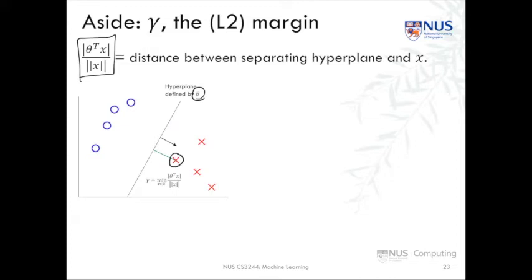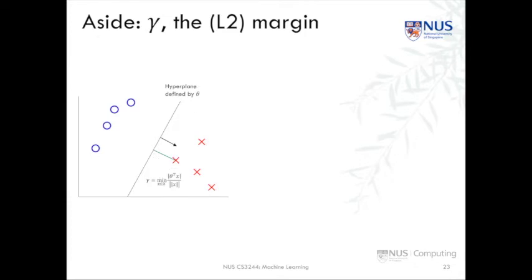The gamma defined here, not the minimum part, just this particular term, is the distance between the point and the hyperplane defined by that particular set of weights, theta. So when we take the minimum of all of these margins, here's a margin, here's a margin, here's a margin, and we find the minimum one, this is somehow defining how much wiggle room we have for the hyperplane.